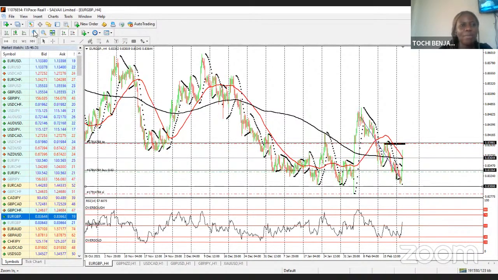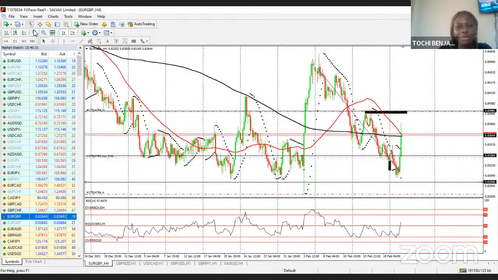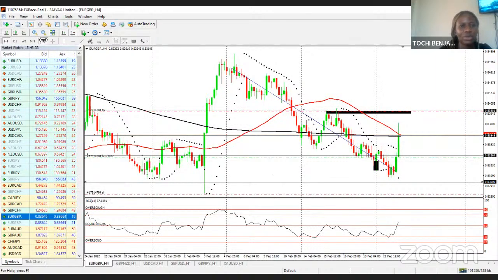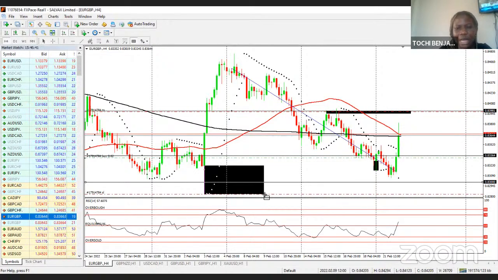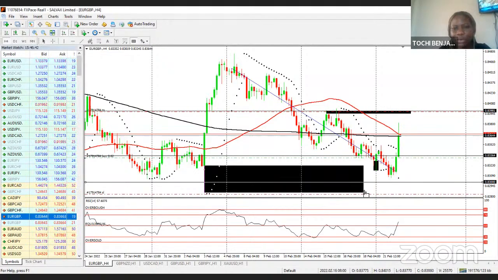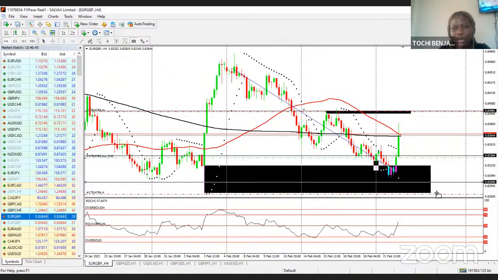So I can decide to mark out the opening of this candle, because it's a bullish candle that reversed from here, and the lowest it got to, as my support level, or my support interest, or my price interest, anything you want to call it.